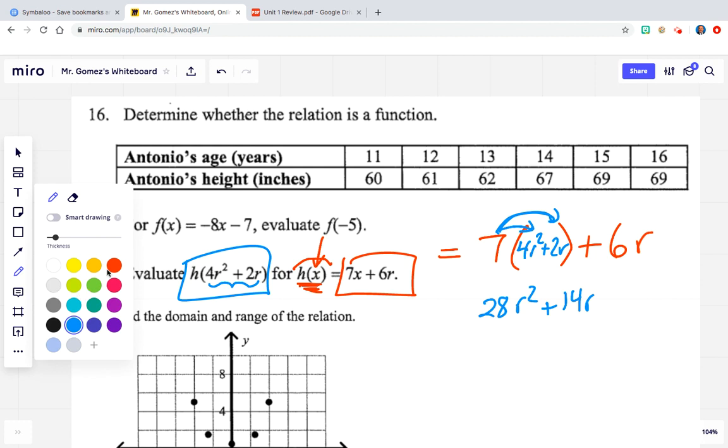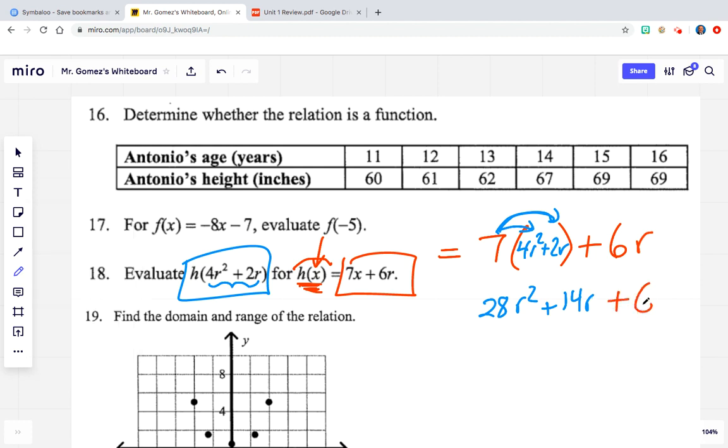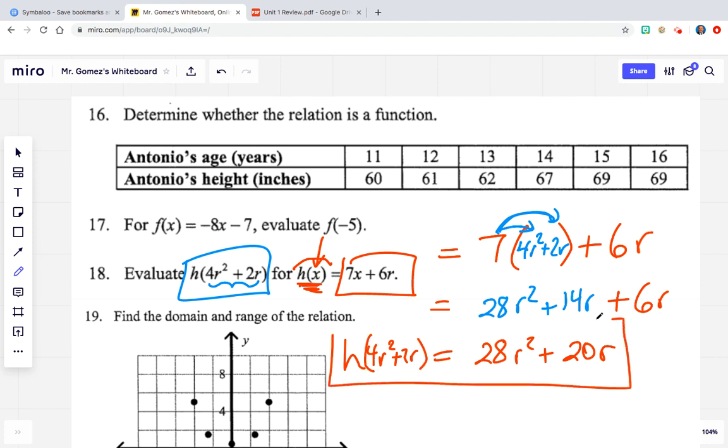And then we still have this 6r in the original equation that we're going to basically just bring down and end up simplifying, so that you have 14 plus 6 is 20r. Those are combining like terms. And that's all we can combine because these are different terms. This is an r squared term, and this is an r. So you're going to leave it just like this. But again, just like I said in good practice on number 17, we're going to write it as h of 4r squared plus 2r, which is going to equal that.